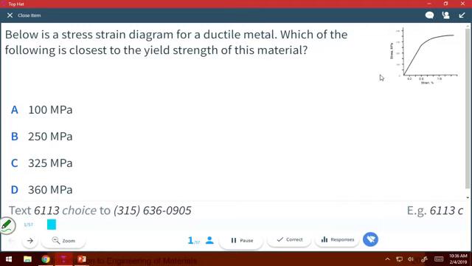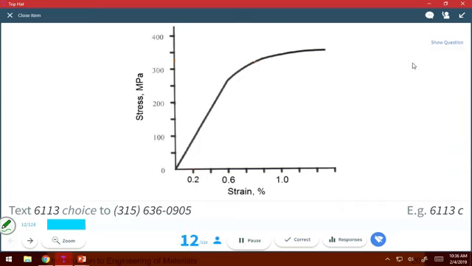If you're given this stress strain curve for a ductile metal, and you're asked to calculate the yield strength, how would one do that? And what would be the resulting number?